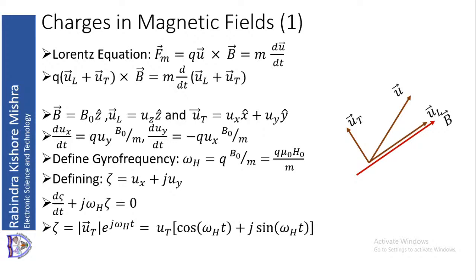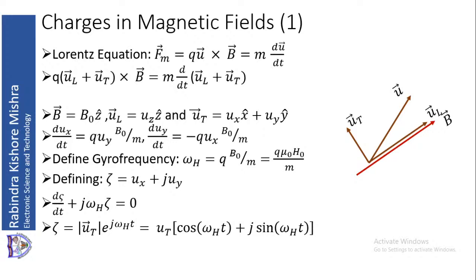That constant will be equal to ut absolute, and you can easily find that at the moment t is equal to 0. Put that value. At the moment t is equal to 0, it has not started moving in the magnetic field, but it has a velocity of ut. Therefore, that will be ut absolute. Then e to the power j omega h t is cos omega h t plus j sin omega h t.